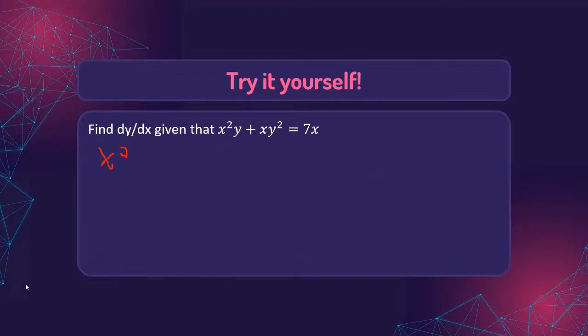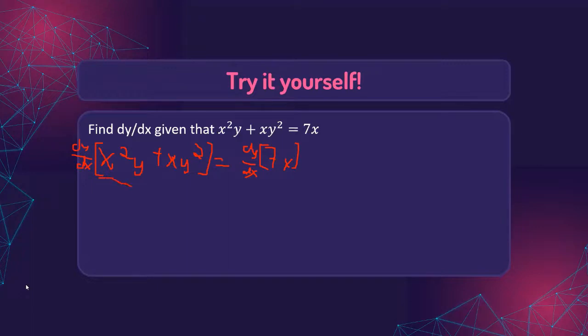So x squared y + xy squared = 7x. Then after this, we will try to find the derivative of each term.